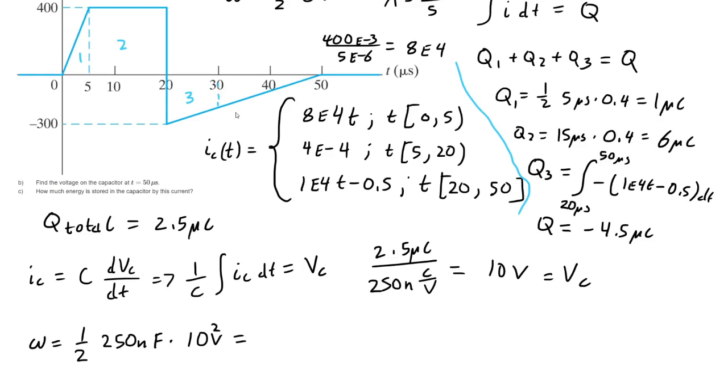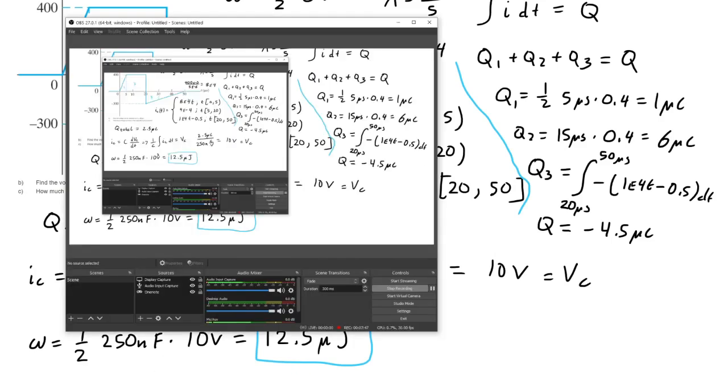I get 12.5 microjoules. And there we go. Not too bad. The only tricky part is deriving the expression for that region. Everything else is cake.